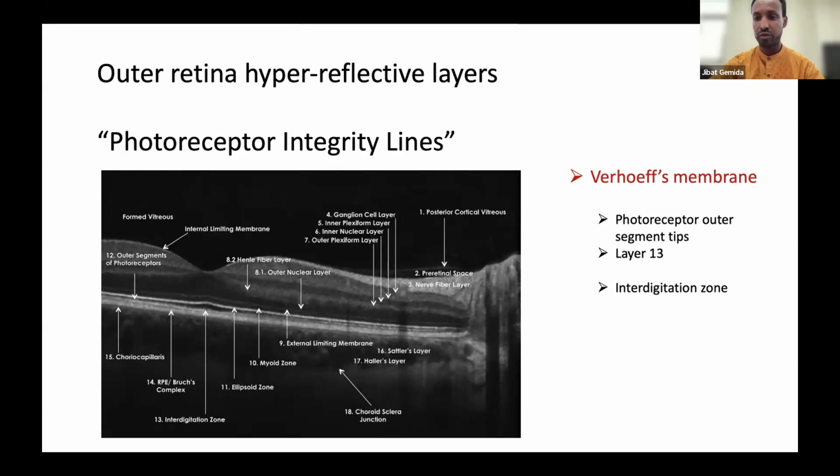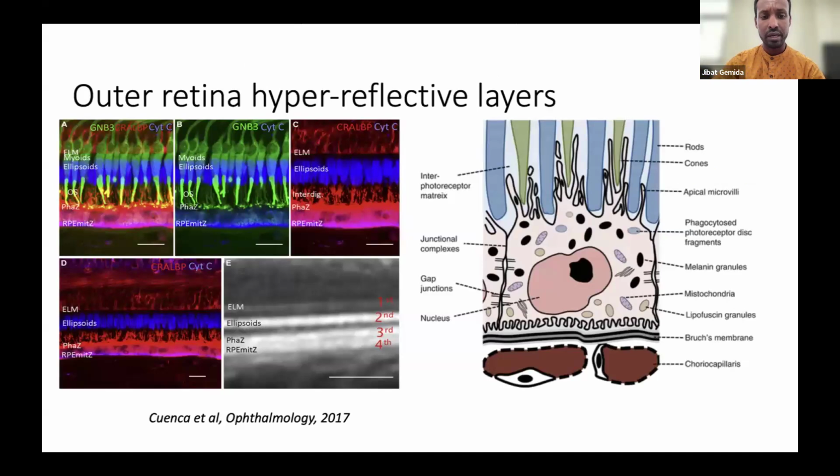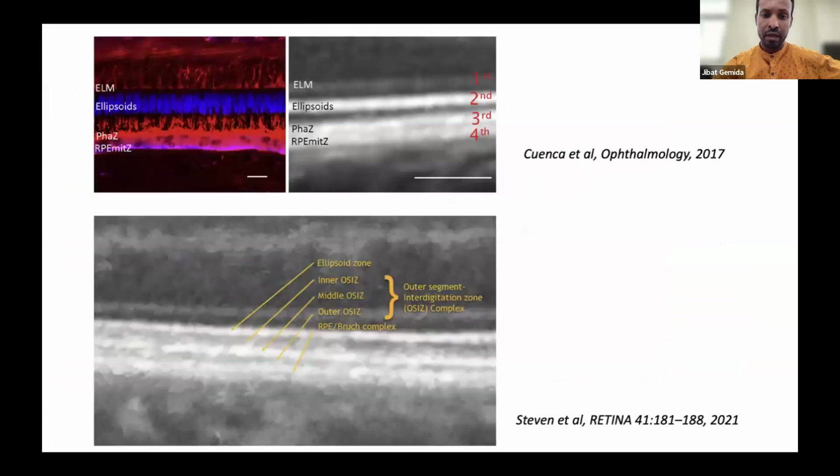Initially, it was called photoreceptor outer segment tips, but later in 2017, it was said to be part of the apical part of the retinal pigment epithelium, which phagocytoses the photoreceptor disc fragments. But still there are controversies going on.